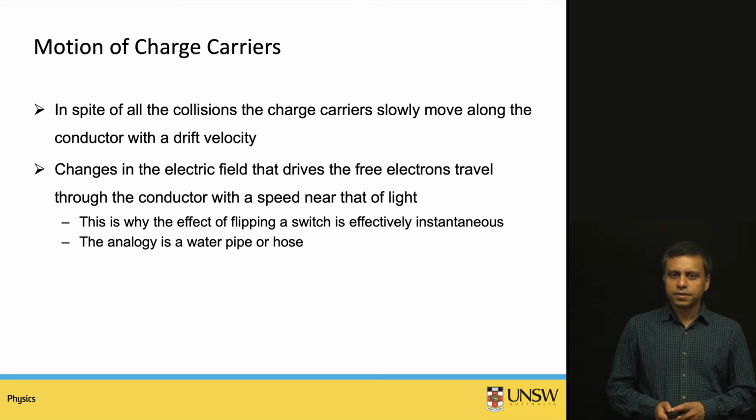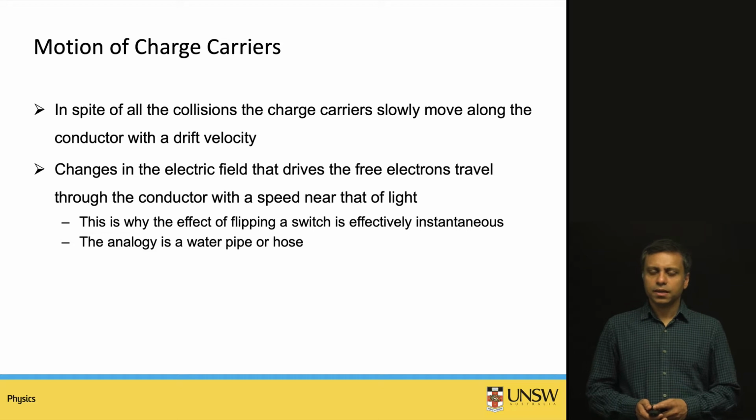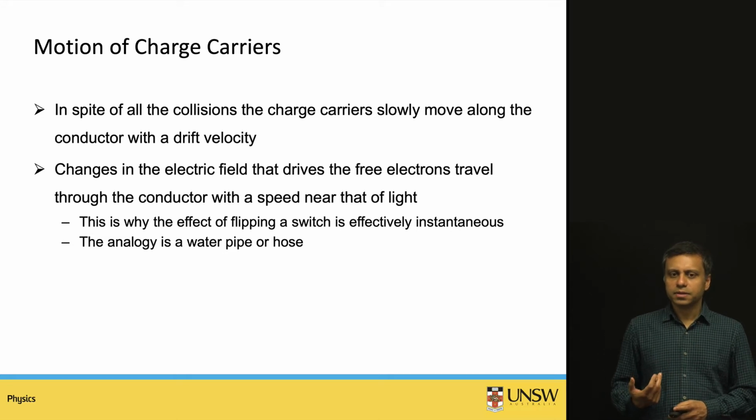But in general, the drift speed is quite slow, because there are many collisions the electrons are making with the atoms in the lattice, for example. But what we see in everyday life, it seems to us that the current flow is very fast, right?